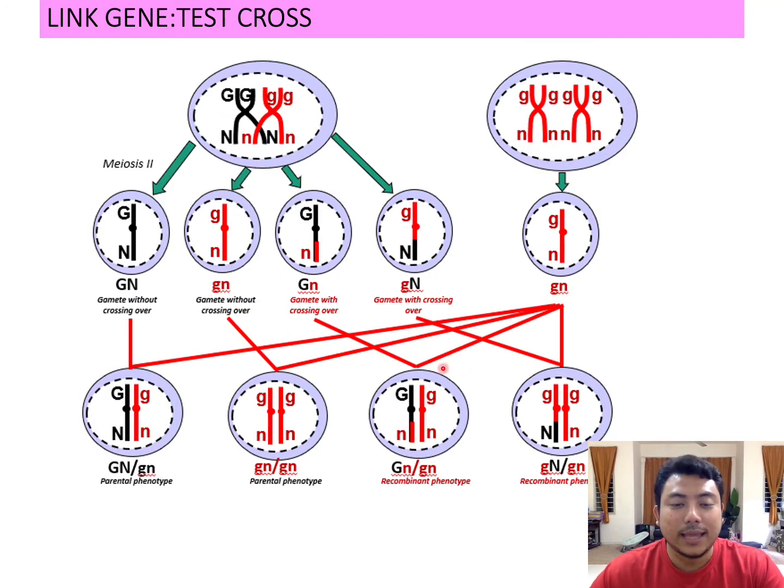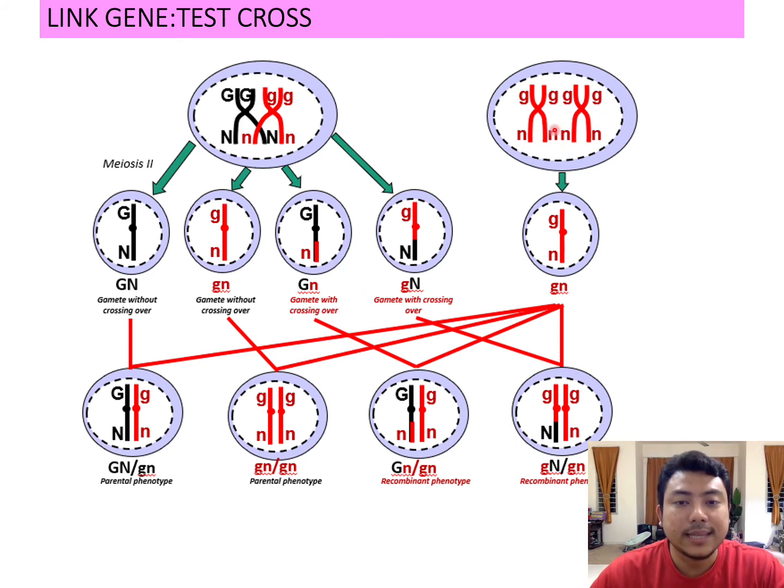Okay, so look at this diagram. We are doing a test cross with this homozygous recessive, with this parental genotype over here. After a process of crossing over occurs, you have this set of combinations of the gamete. These are all the sperm and this is the ovum.